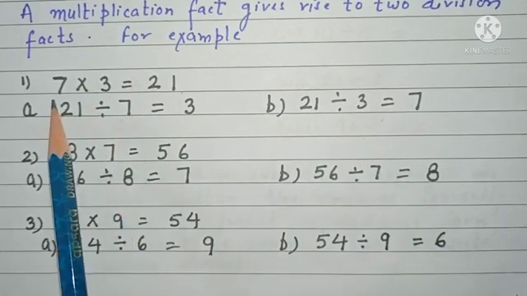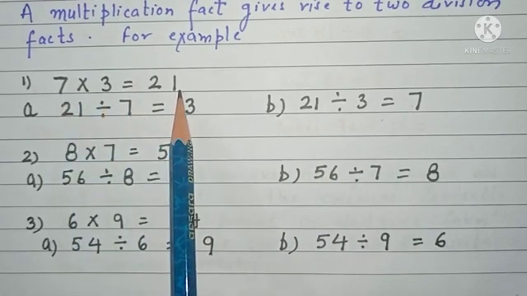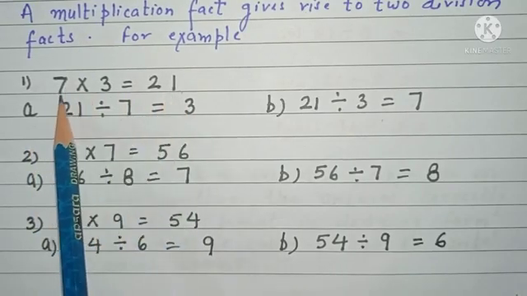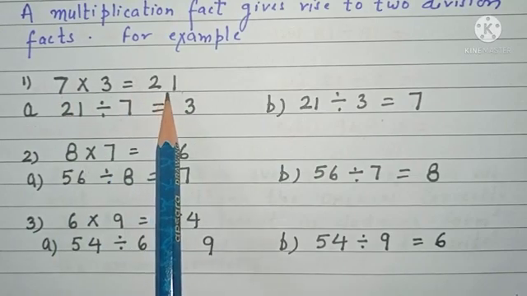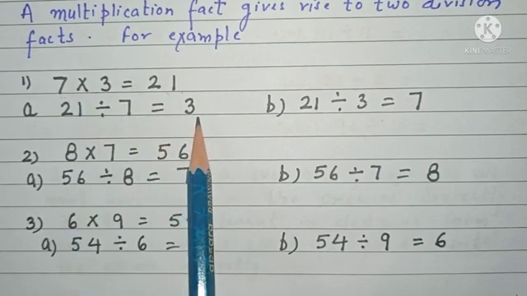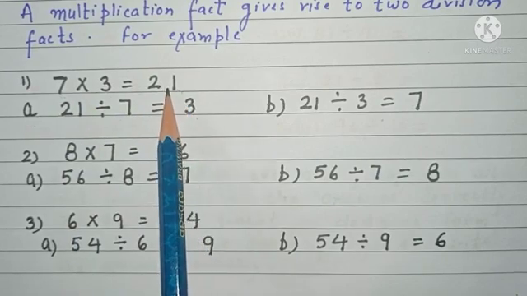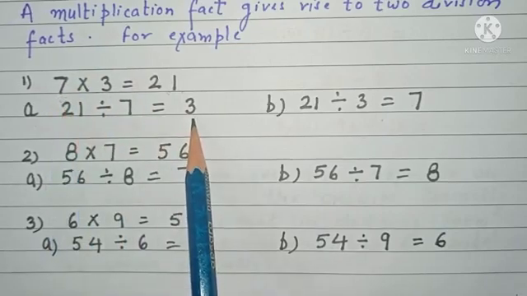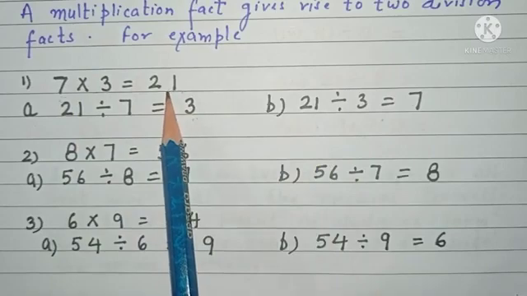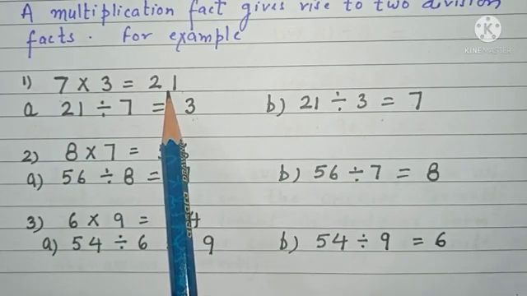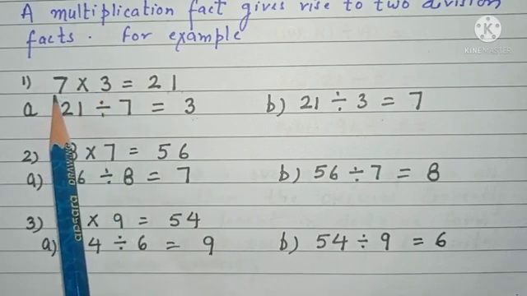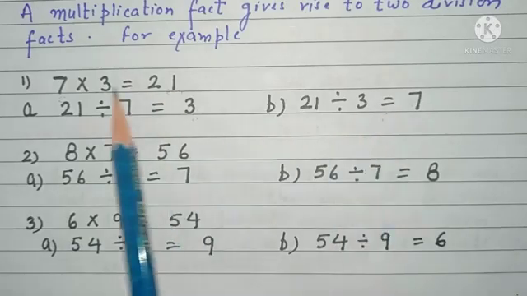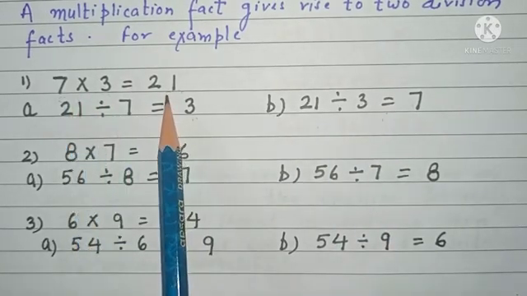If it is 7 into 3 is equal to 21, the first division fact will be 21 divided by the first number, which is 7 here. 21 divided by 7 is equal to 3. That is, the answer of the multiplication when divided by the first number gives the second number. And similarly, 21 divided by 3 is equal to 7. So, we can write the division facts very easily with the help of a given multiplication fact.